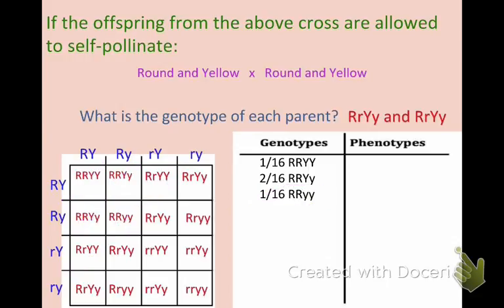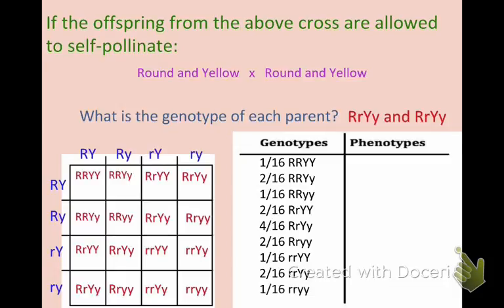So 4/16 are R, 2/16 are big R, big Y, 4/16 big R, big Y, little y, 2/16 and 1/16, okay? And 2/16 of that. And last but not least, our 1/16 that is all recessive, that's right here. That's this one, all right?